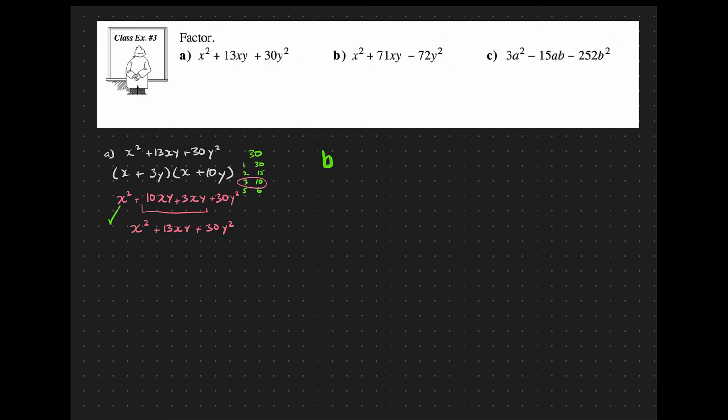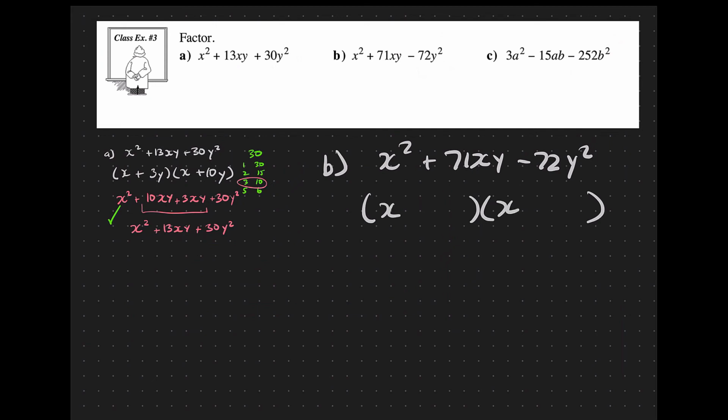Example B. We've got x squared plus 71xy minus 72y squared. Break that down into 2 binomials with x and x. The signs are different, and the larger number is going to go with the positive. 72 times 1 is 72, 72 minus 1 is 71.